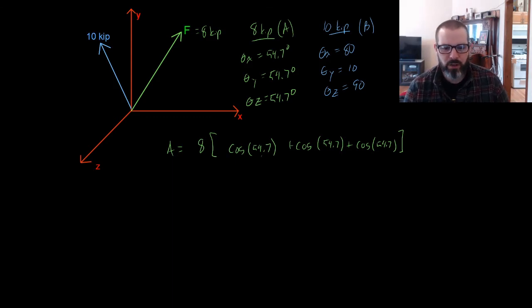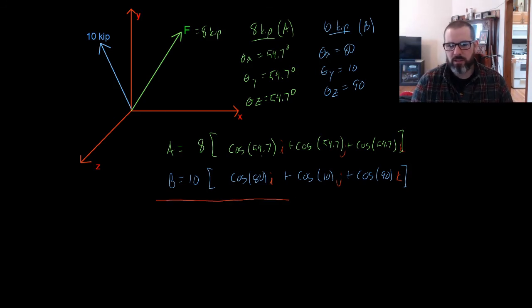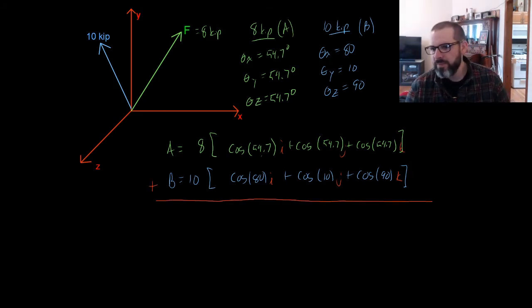So we can define our vector in this way. We can define vector B and say it's equal to 10 times cosine of 80 plus cosine of 10 plus cosine of 90. And all these are I, J, and K. So what we can do is add them together directly.